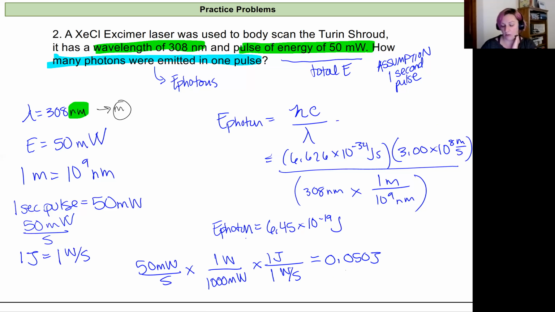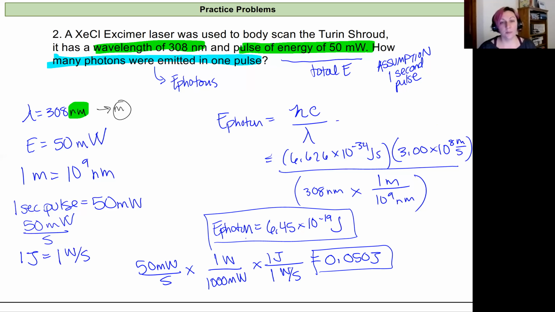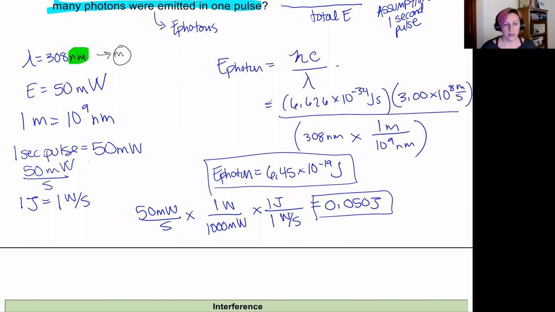So I have a total energy now, and I have an energy of a photon. To determine the total number of photons, I just need to divide my total energy by the energy of that one photon. So let's create a little more space for this here at the bottom.